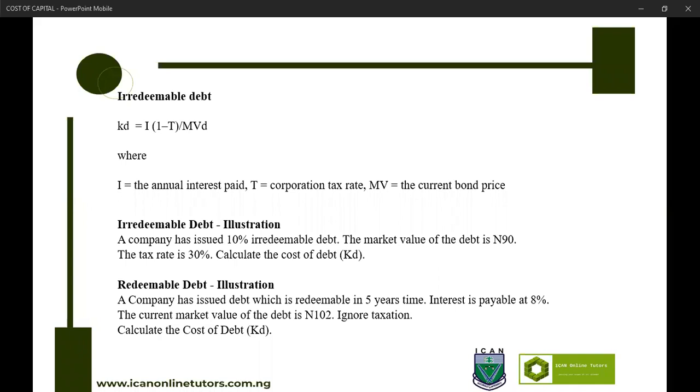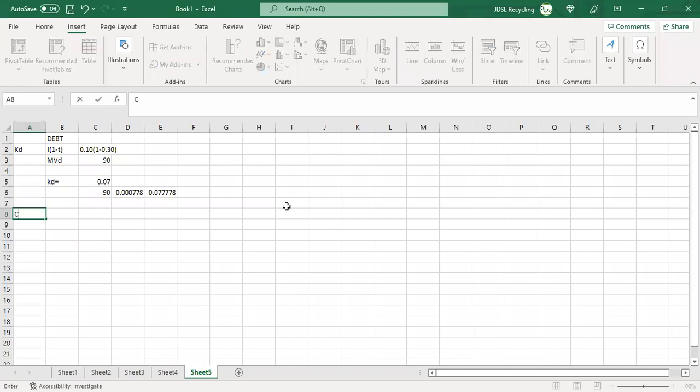And how do we determine the internal rate of return? The formula of internal rate of return, let me write it here as cost of redeemable debt, is also the same thing as your what?